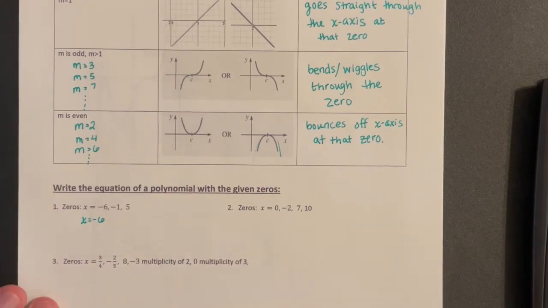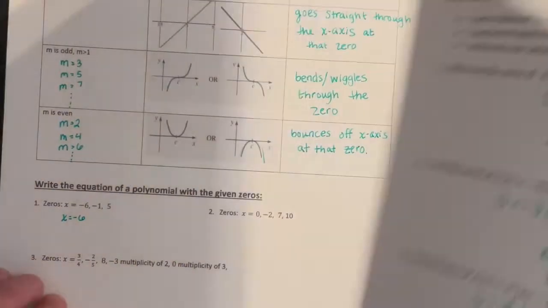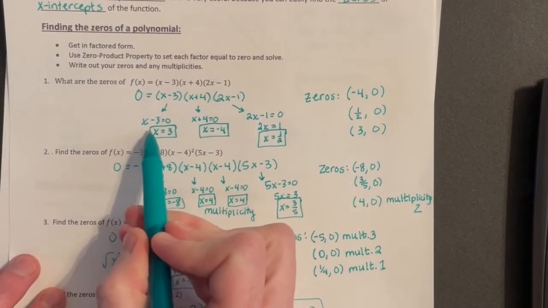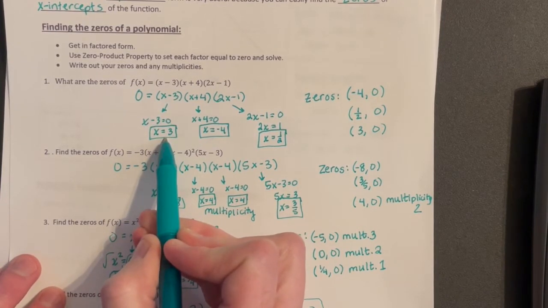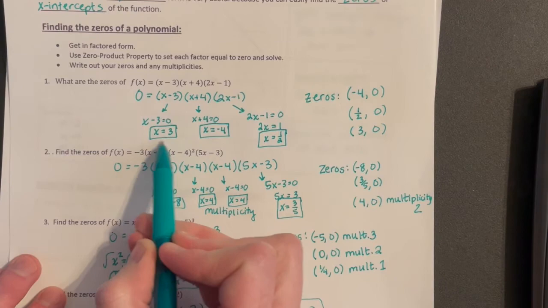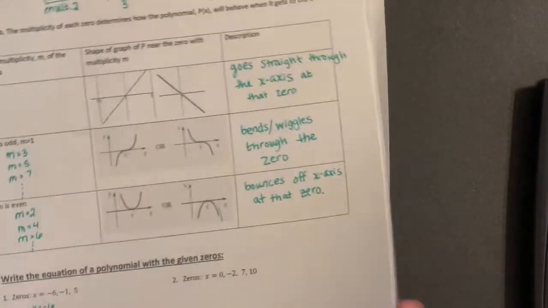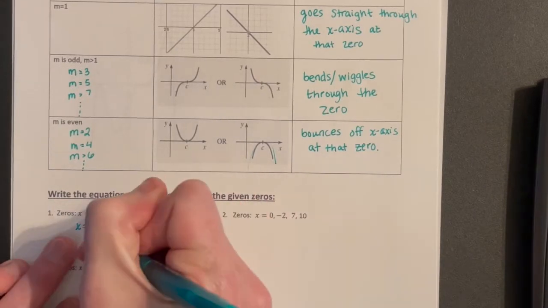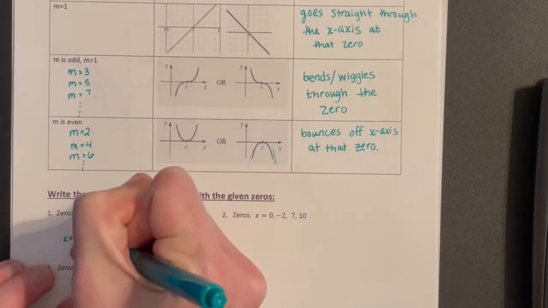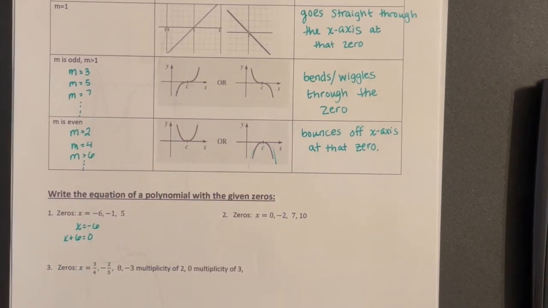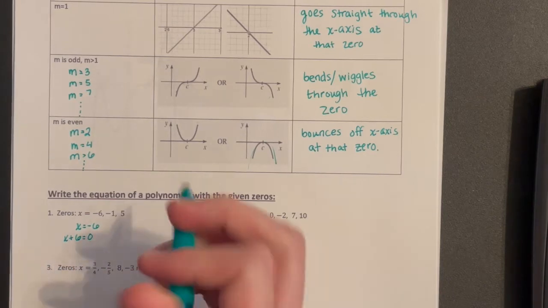And what we did earlier was take each factor and set it equal to 0, and then we solved. So if I work backwards, I'm getting that back equal to 0. So I would add 6 over here to the left, and now it's back equal to 0. So the factor that's associated with it is going to be x plus 6.